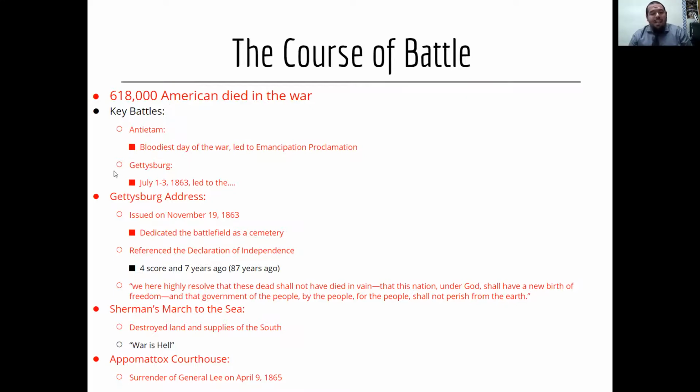You're going to also have the Battle of Gettysburg between July 1st and 3rd of 1863, which will lead to the Gettysburg Address, which was issued November 19th, 1863. And the battlefield was dedicated as a cemetery. And in his speech, he referenced the Declaration of Independence 87 years ago. A score means 20 years. So 4 score and 7 is 87.